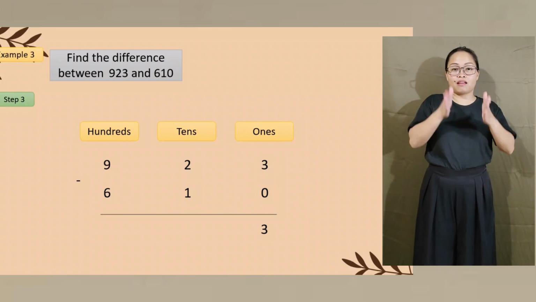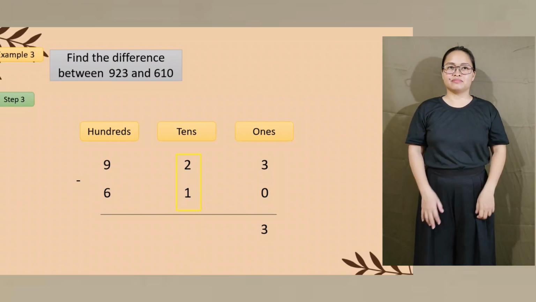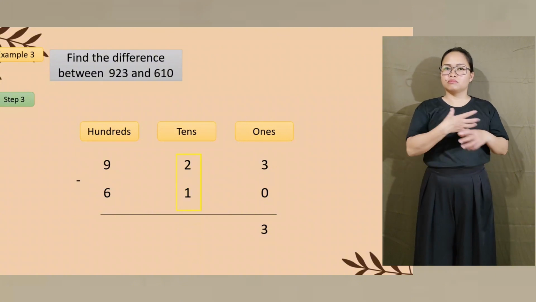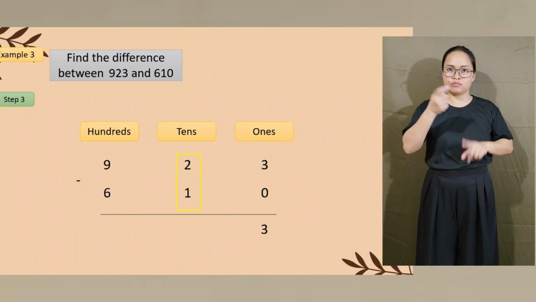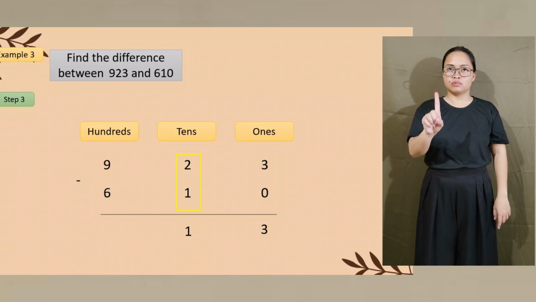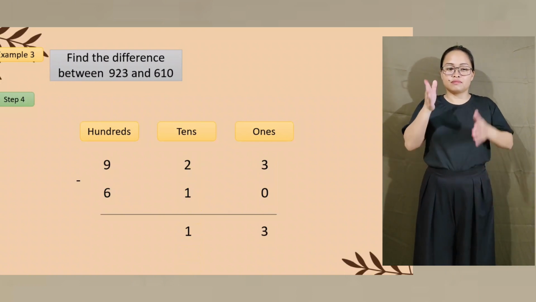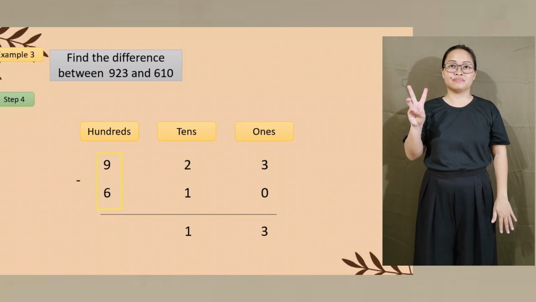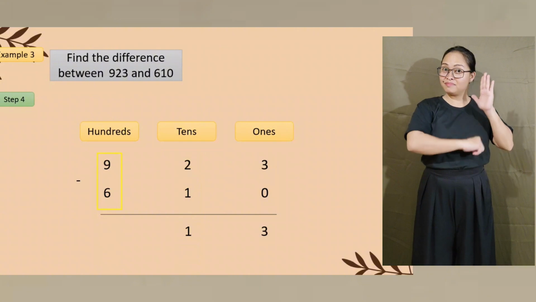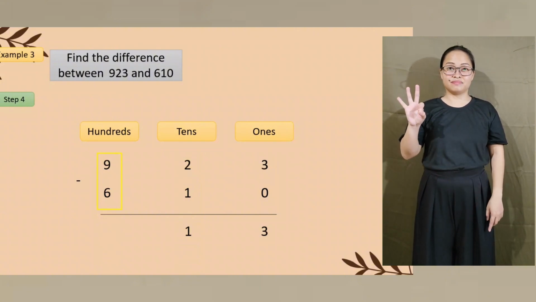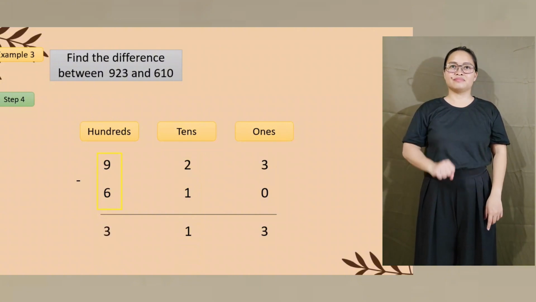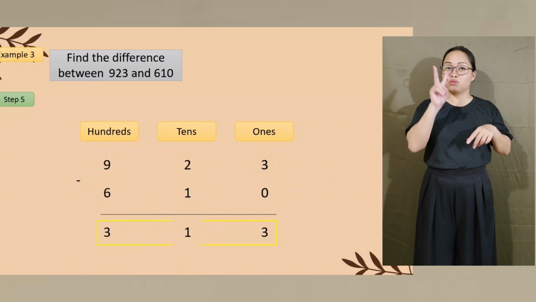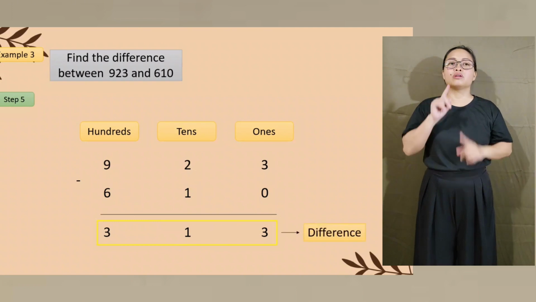Now let's move on to the tens place. 2 minus 1, subtract 1 from 2, the answer is 1. And in hundreds place, 9 minus 6, if we subtract 6 from 9, we get 3. So the difference between these two numbers is 313.